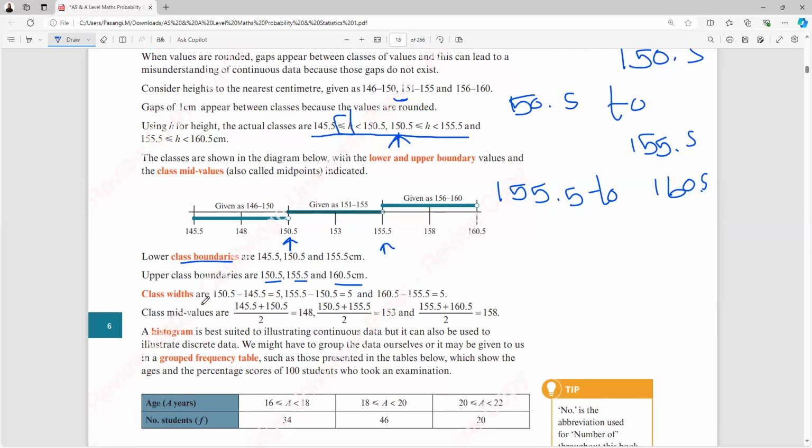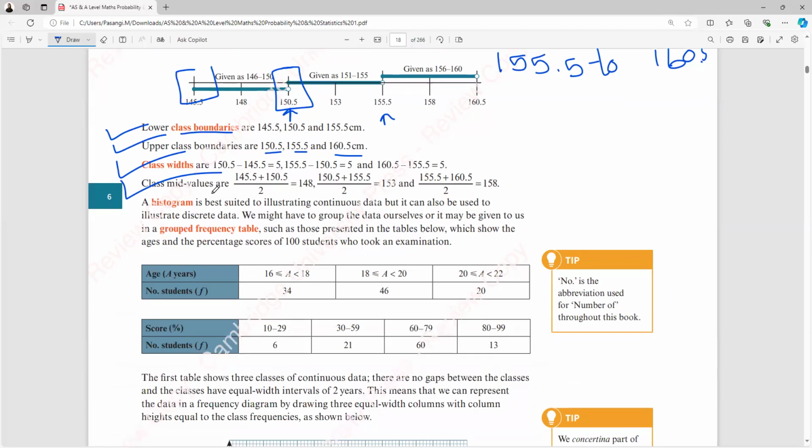And to find the mid values for those class intervals, we add the two class boundary values and divide by 2. Those are the four things we should know when we calculate and draw these histograms.